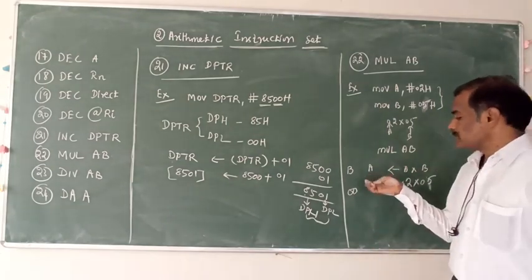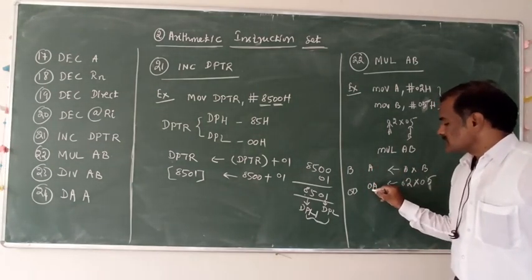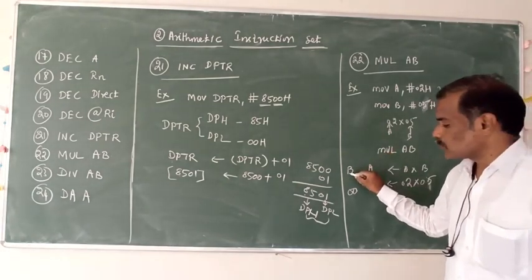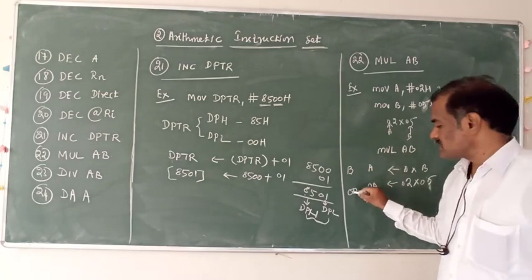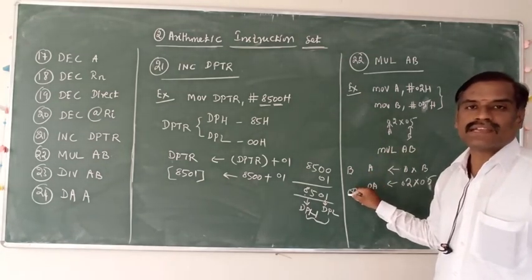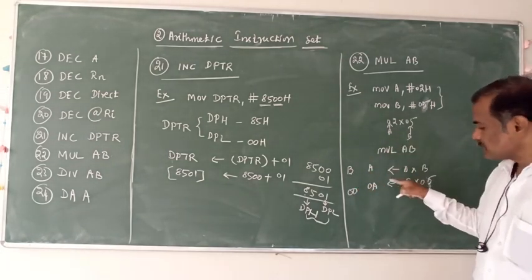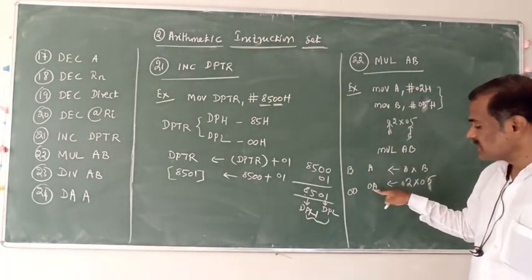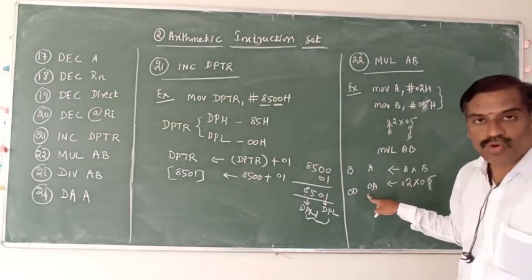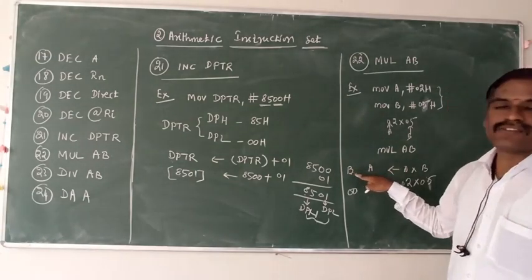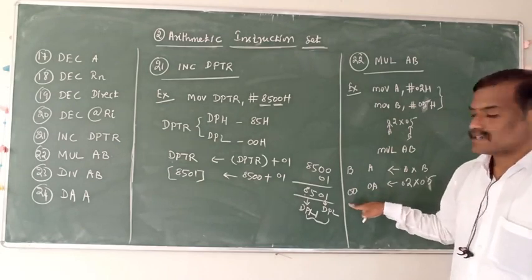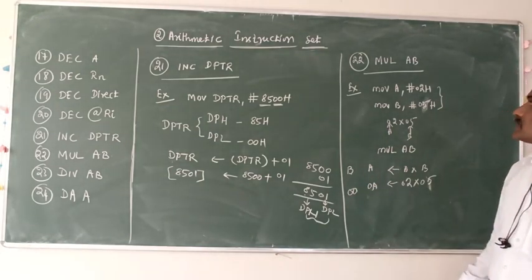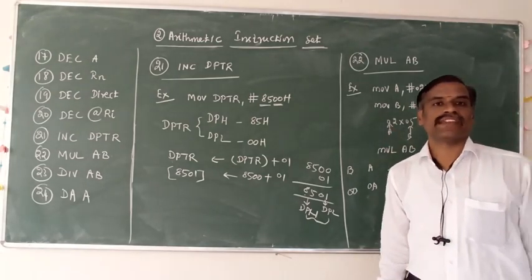After multiplication, the 8-bit product result will be available in the A register. If the result is more than 8-bit, the carry will be available in the B register. Now the B register at present is 0. This is the operation of multiplication of two 8-bit data.